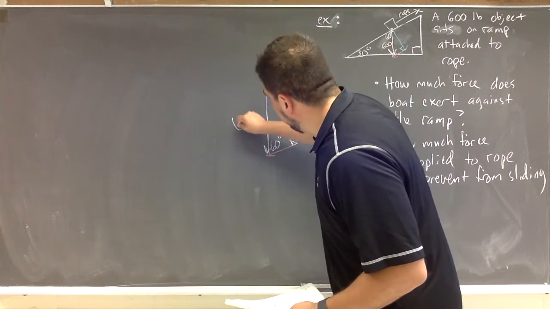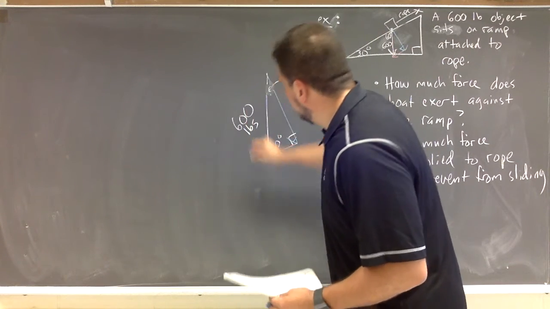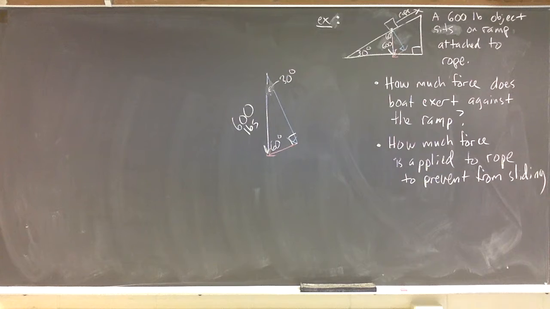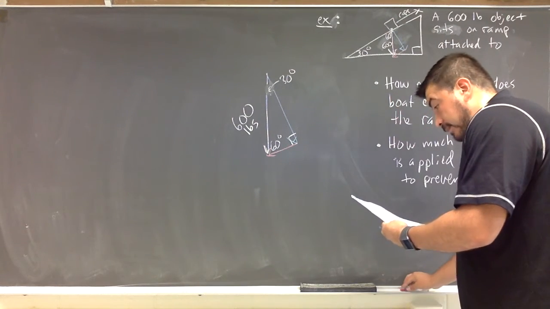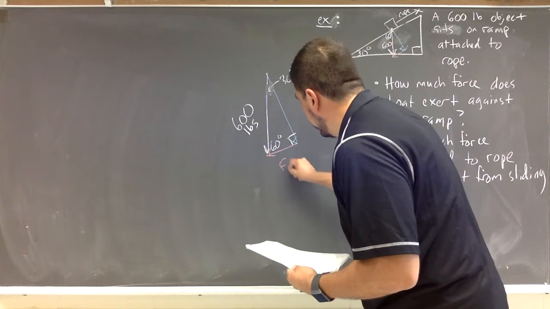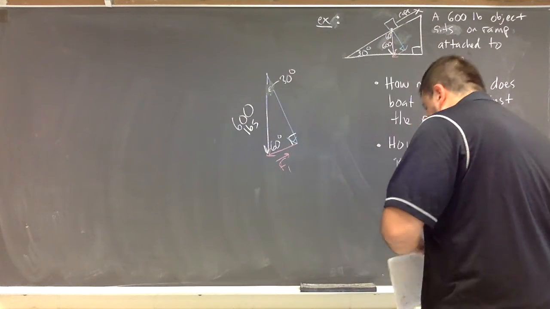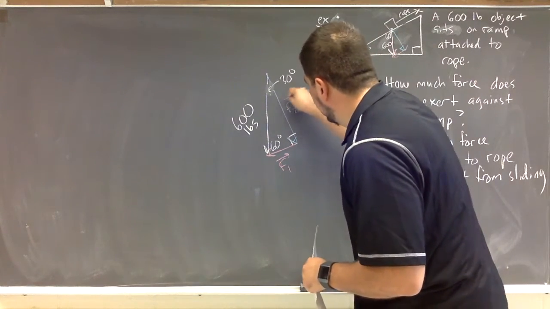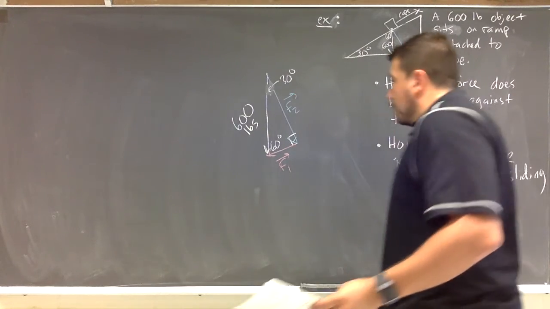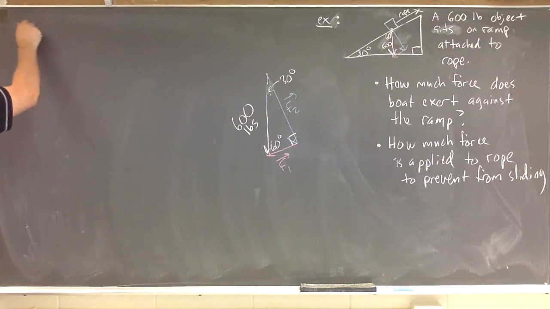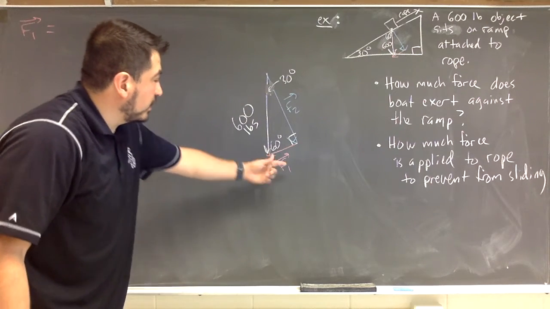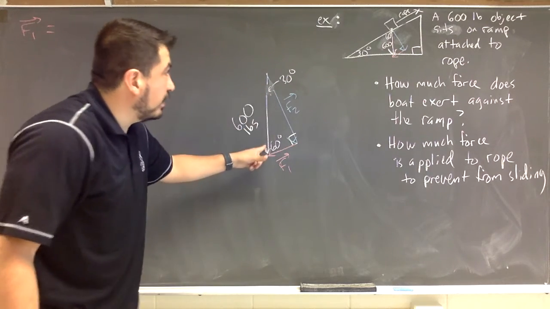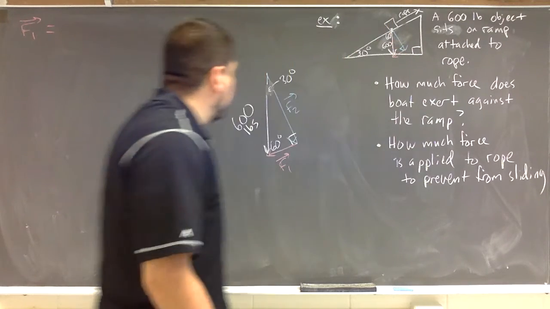So now we're going to know, here we have the 600 pounds on this side. Okay? And let's just call this pink one F1. And let's call the blue one F2. Okay? Then we know F1, that's a 60-degree angle between F1 and the weight, or the 600-pound force.